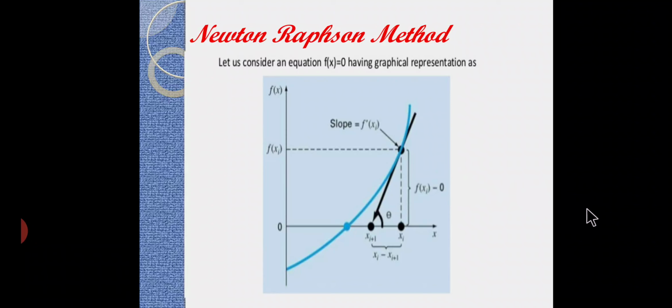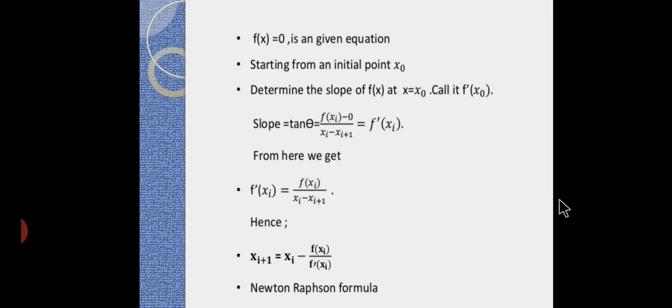So the slope can also be represented as f dash of x, that is equal to tan theta, y minus f of x0 by x minus x0. Rearranging this, we get x minus x0 is equal to y minus f of x0 by f dash of x0.